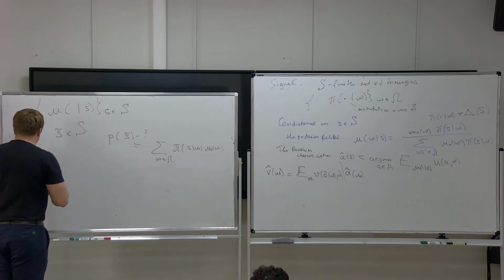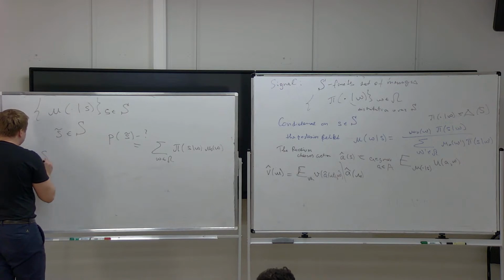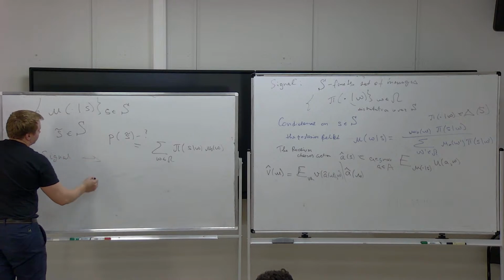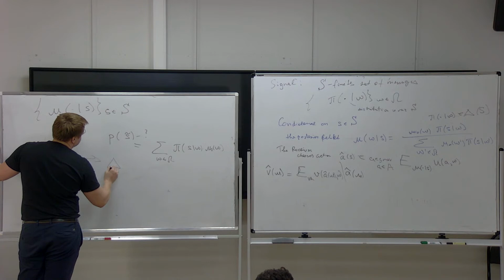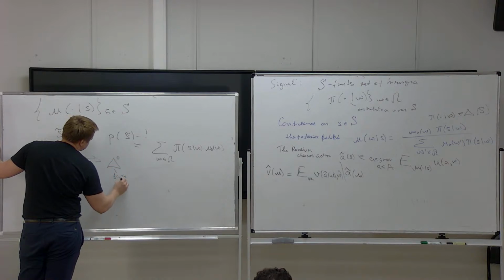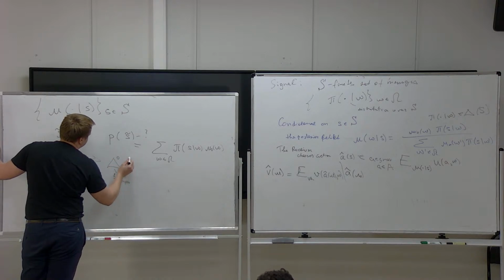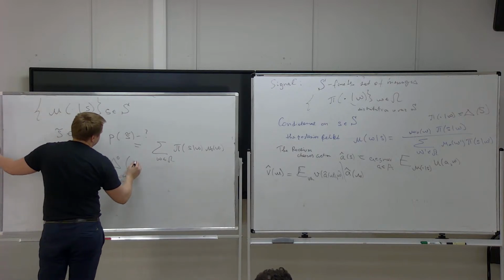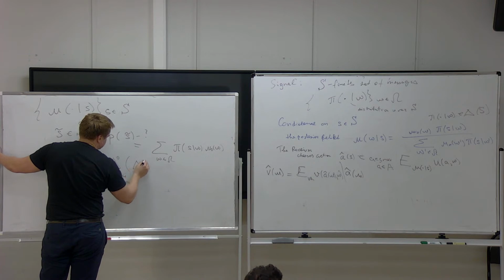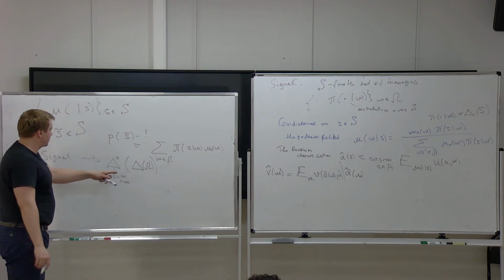So the signal generates a finite support probability distribution over posteriors, which are themselves distributions.